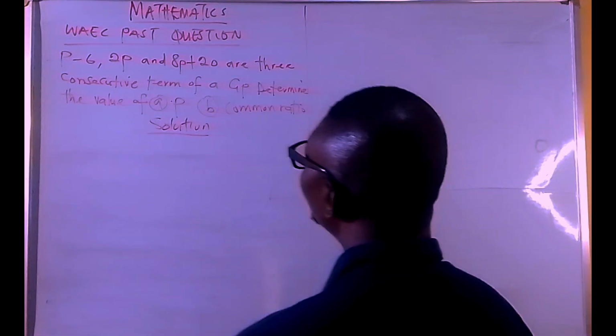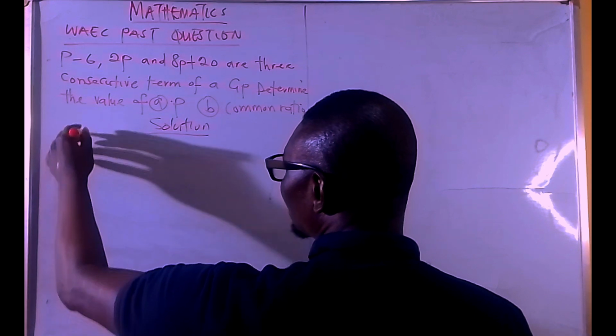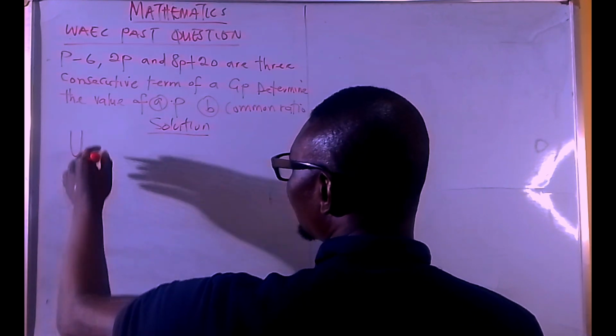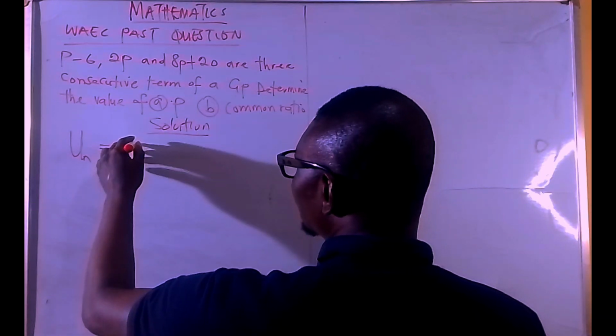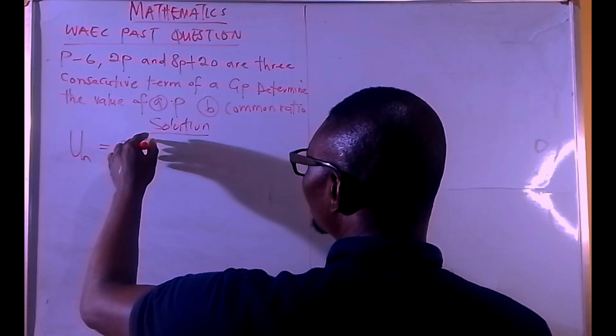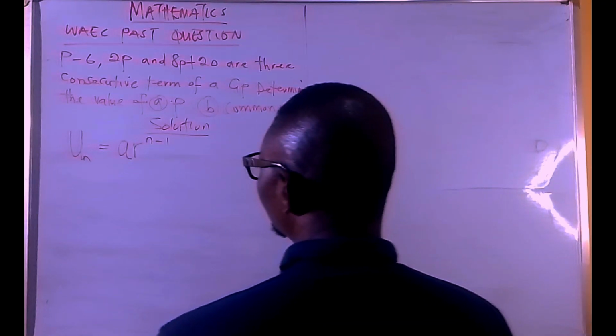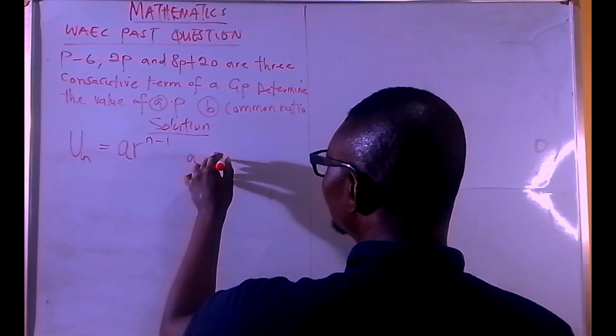the formula for calculating a geometric progression, denoted by U subscript n, is equal to the first term times the common ratio raised to the power of the number of terms minus 1. Here, the first term from the equation is given as P minus 6.